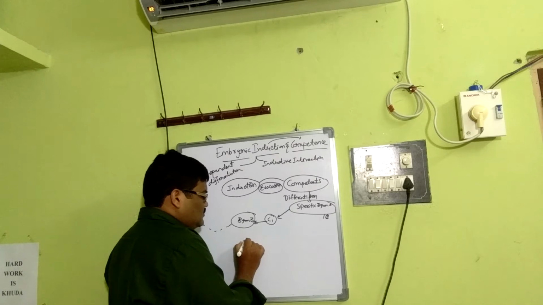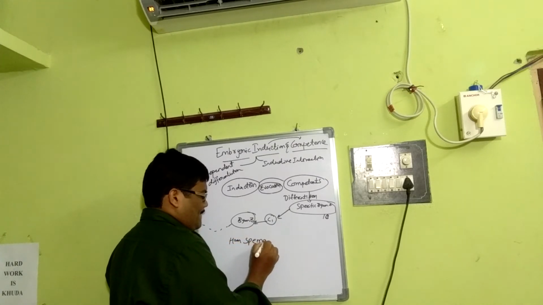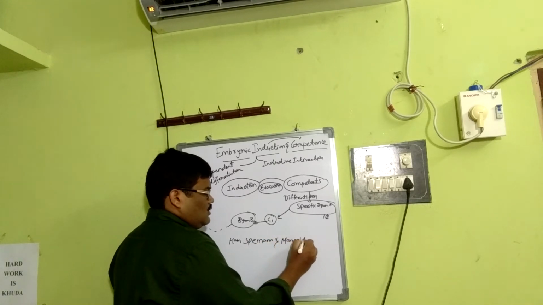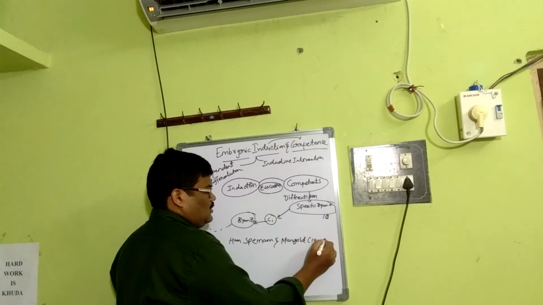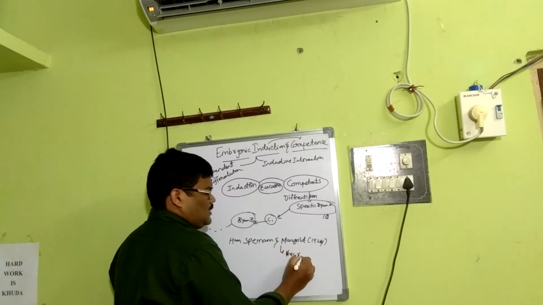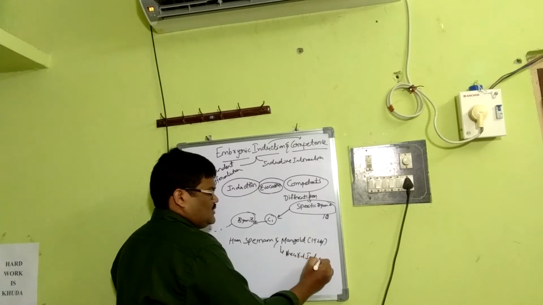Hans Spemann and Mangold. In 1924, they did experiments on neural induction in amphibians.